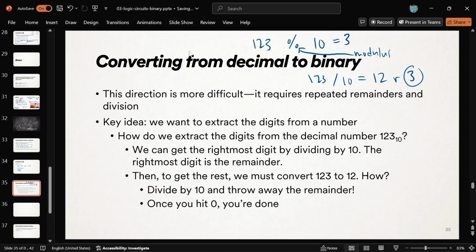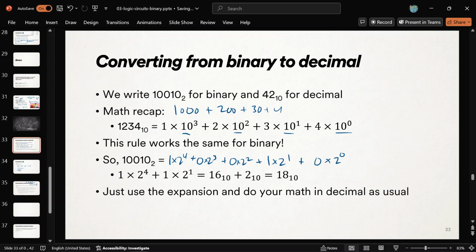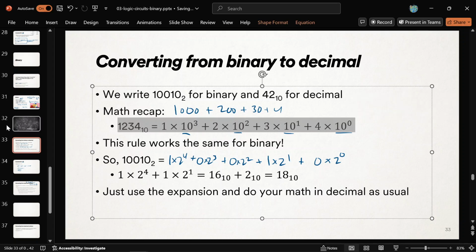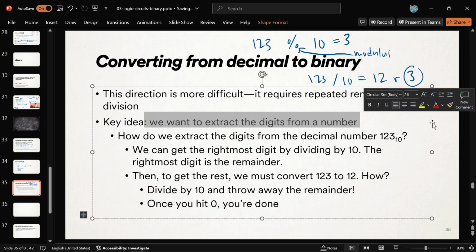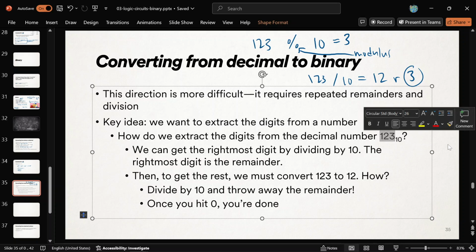And so just like this way kind of generalized from like breaking down a decimal number, let's do the same. Let's extract the digits from a decimal number. That's going to be the fancy algorithm here. So we'd like to extract the binary digits from a decimal number eventually, but let me show you the easier way. Let's extract the decimal digits from the decimal number. Let's say it's 123, because I've kind of given you the answer already.